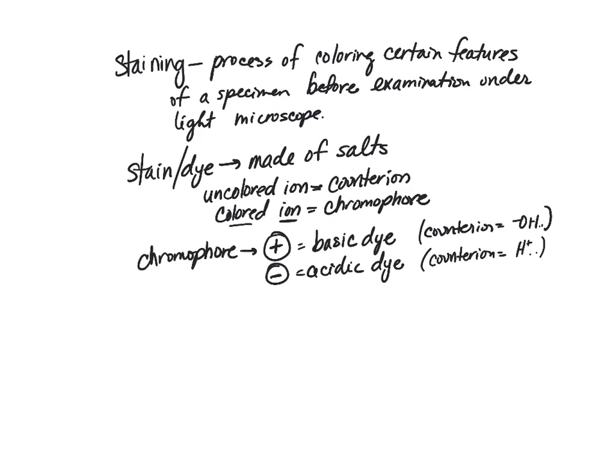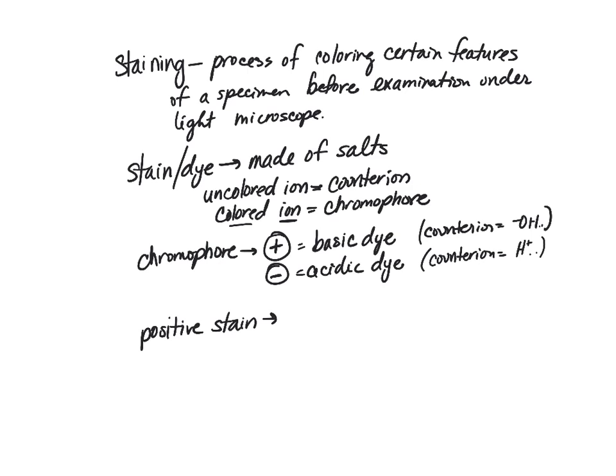So not only do we have to take into consideration whether or not the thing that we are trying to create contrast for is positive or negative, and therefore whether or not we want to use a positive or negative dye, we also need to understand that there are positive stains and negative stains. So a positive stain does not mean that we're using a positive dye or a basic dye.